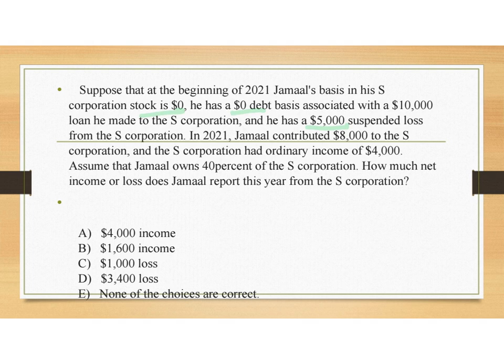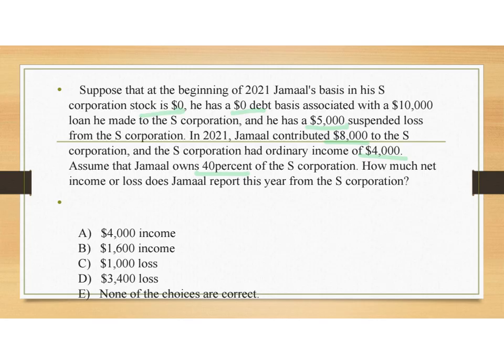So in 2021, he contributed $8,000 to the S Corporation, and the S Corporation had $4,000 of income, okay? And Jamal owns 40% of the S Corporation. How much net income or loss does Jamal report this year from the S Corporation, okay?